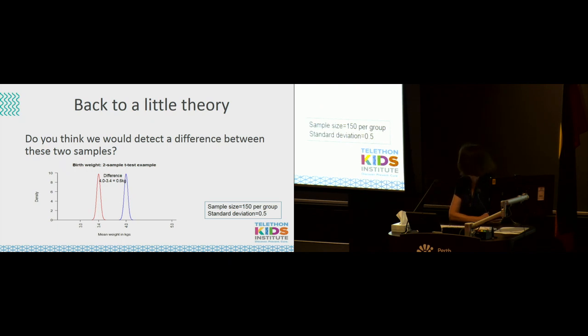What we're looking at here is, is there any overlap between these two groups? And you can see that there is no overlap. It is highly unlikely that the red group and the blue group are the same. So with this difference between the two means, it's probably extremely unlikely that these two groups are the same.